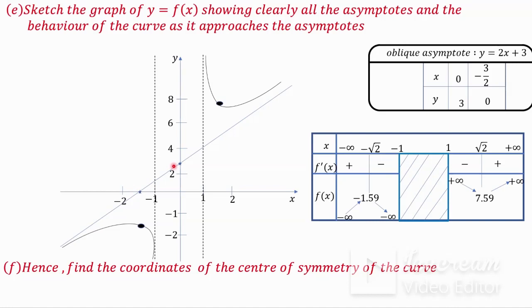It's actually this point, and we obtain this point to be (0, 3). So (0, 3) is the coordinate of the center of symmetry of our curve.